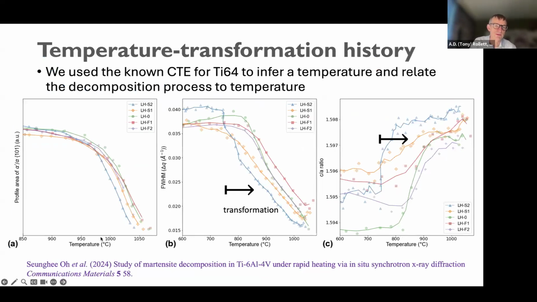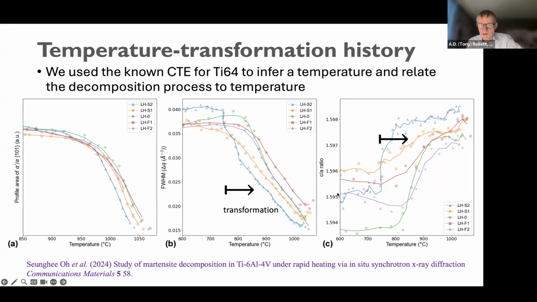So I mentioned temperature. These lines over here show the ratio of alpha prime to alpha peaks. So the alpha prime goes down, of course. The numbers here in the middle one are the full width half max values. And like I said, the peaks are narrowing as you go through the phase transformation. And then when you look at the C/A ratio, there are some interesting things happening, in that the C/A ratio of the alpha is measurably higher than it is in the alpha prime.